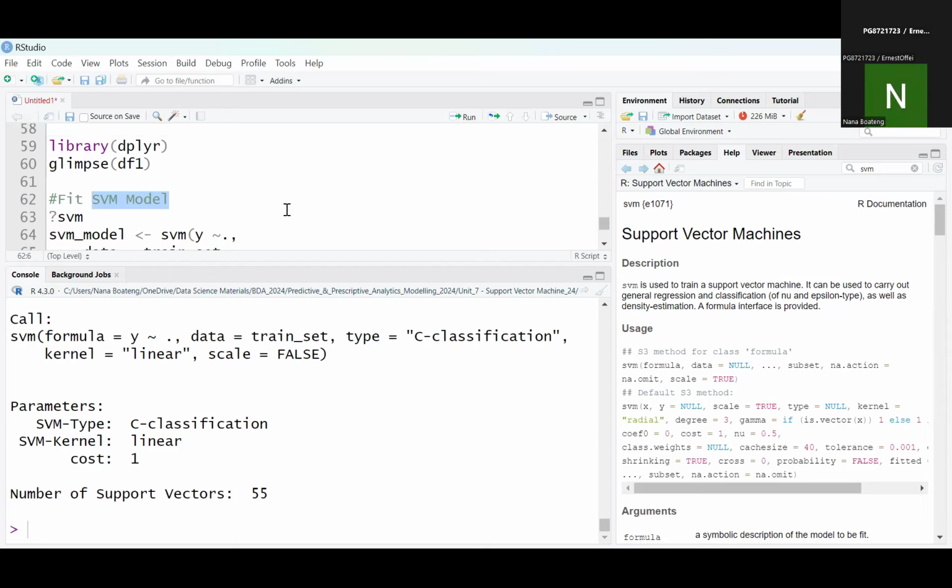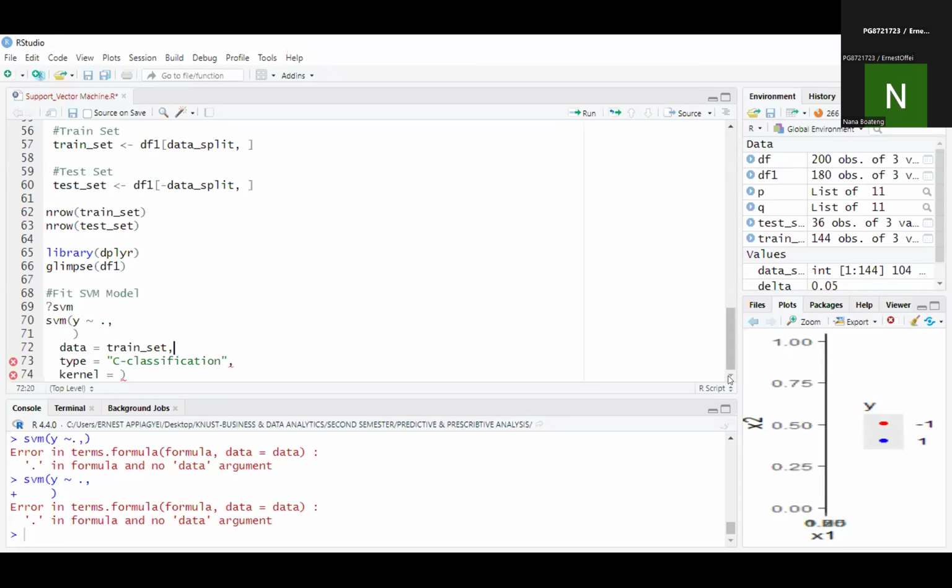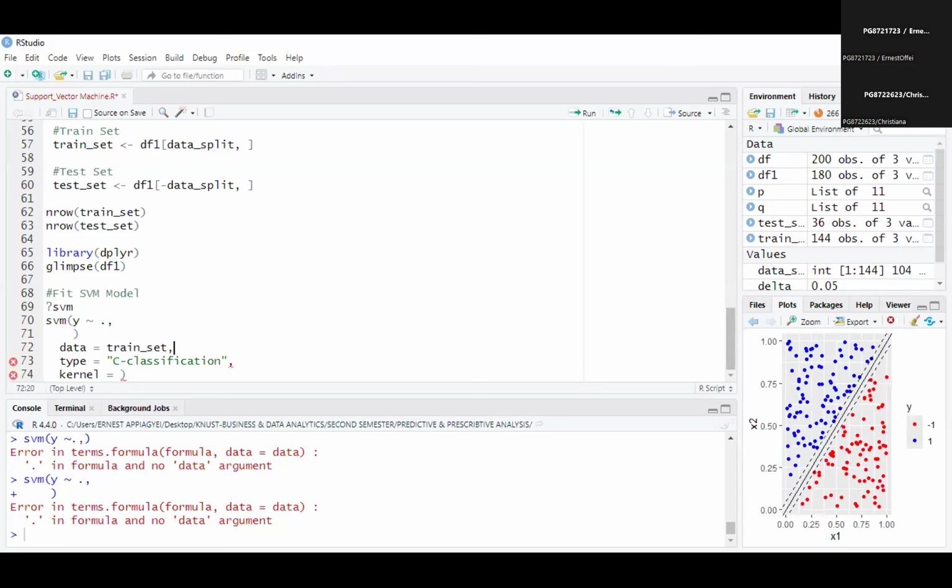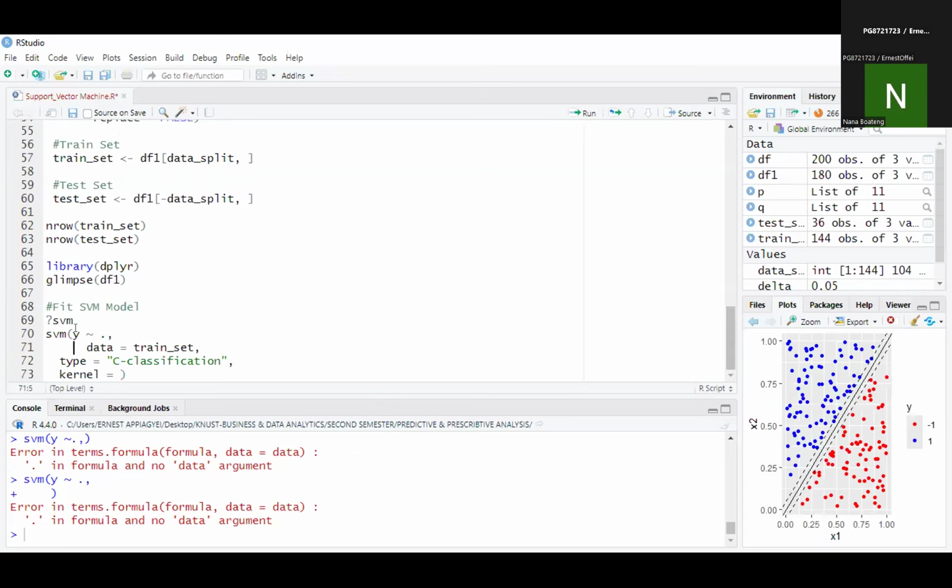Okay. So Christy, share your screen. Please, sir, can you see my screen? Yes. So I think it has a problem with the C classification. No, I think that she closed the argument, line 71. Remove the bracket, and then good.